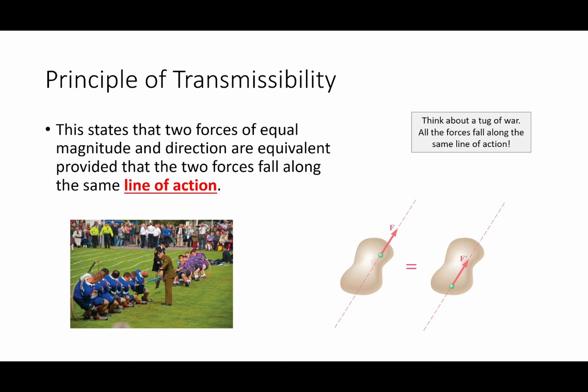Okay. Now, in order to generalize our definitions, I'm going to take a step back and talk about the principle of transmissibility. Now, that's a really mouthful word, but in order to describe the principle of transmissibility, I want to talk about the tug of war.